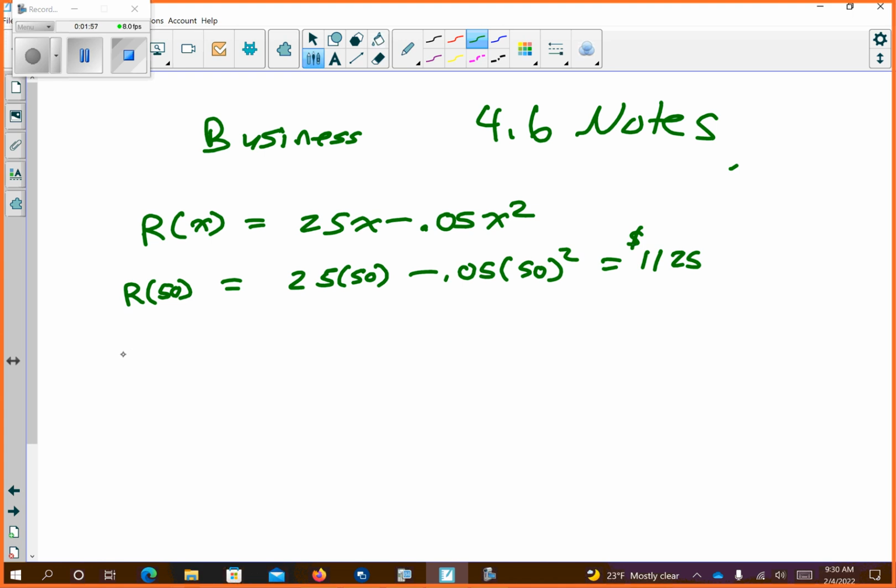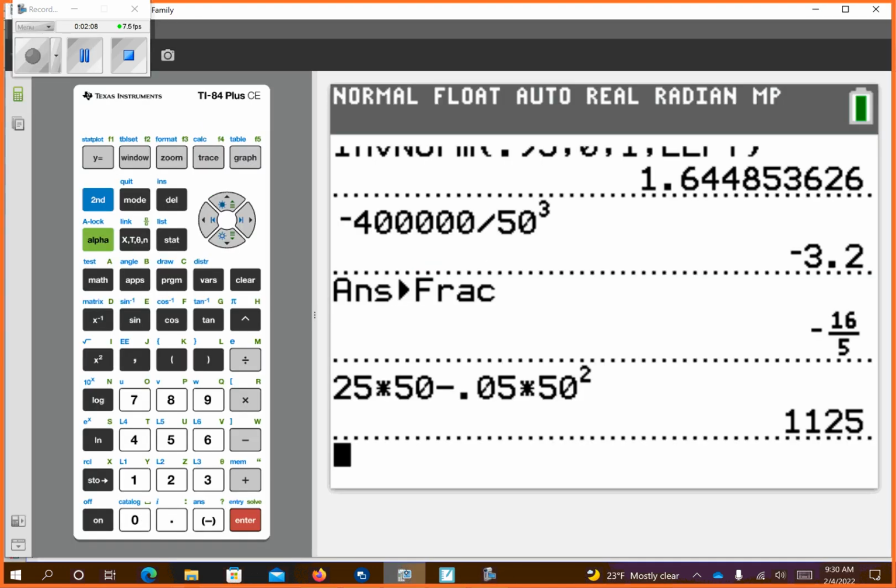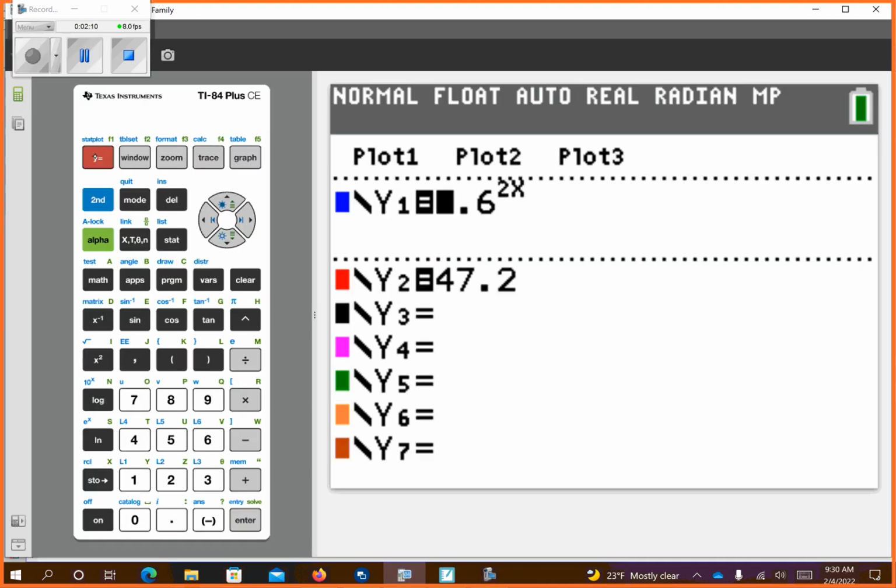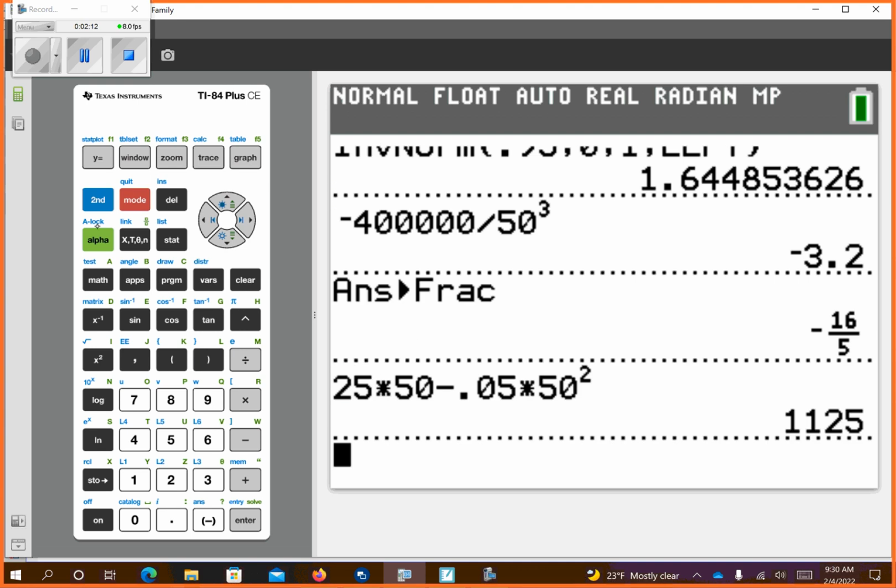And then they say we want to find R of 51. Okay, so we're just talking about one more than what we had done. So I'm going to go back to my graphing calculator. And if you ever plug in something big into your calculator, oops, second quit.